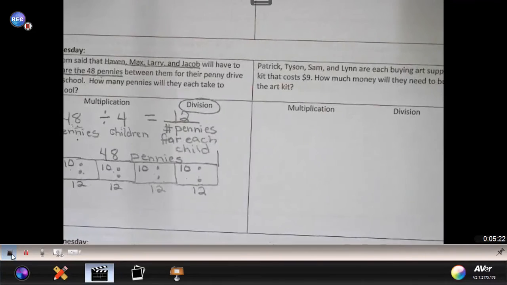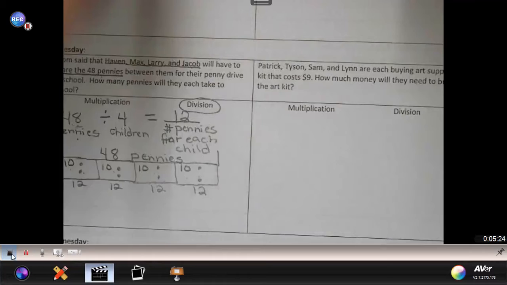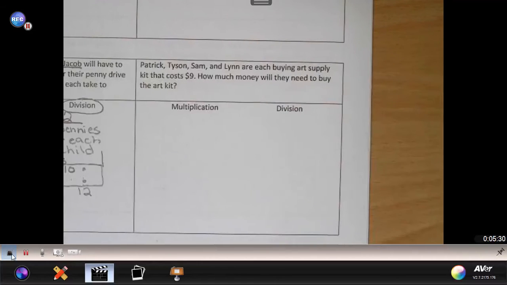Okay, let's take a look at our next problem. Our next problem says Patrick, Tyson, Sam, and Lynn, so again we have 4 people, are each buying an art supply kit that costs $9. So they're each going to spend $9. How much money will they need to buy the art kit?